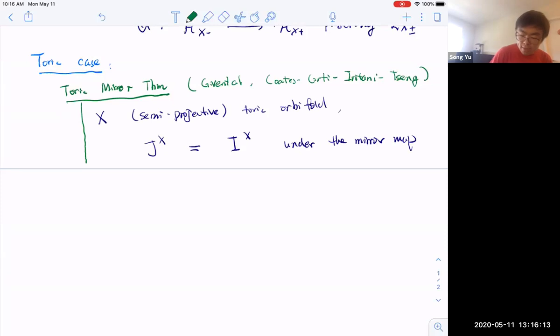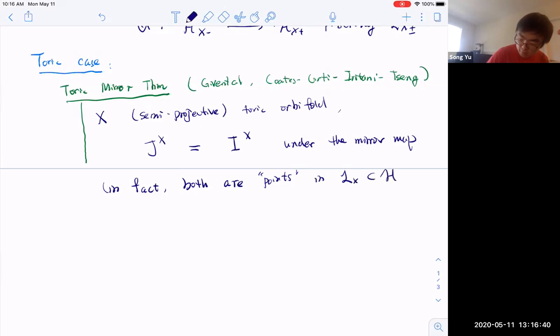In fact, in CCIT, the authored paper, what they actually showed is that both functions are points in the Lagrangian cone L of X inside the Givental space H of X.